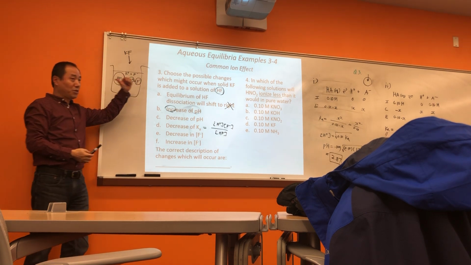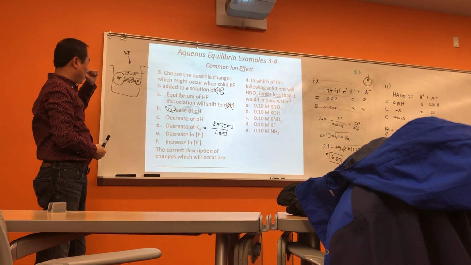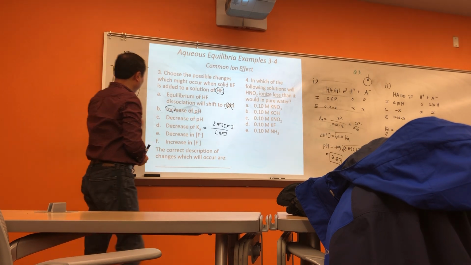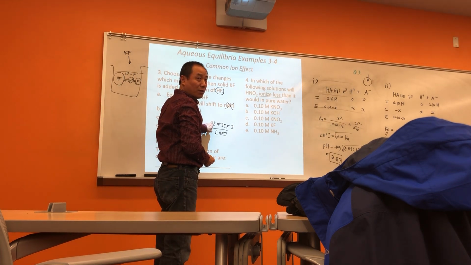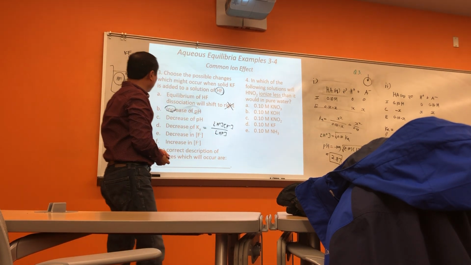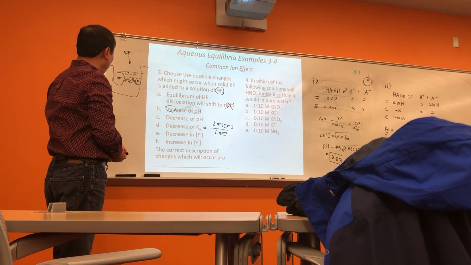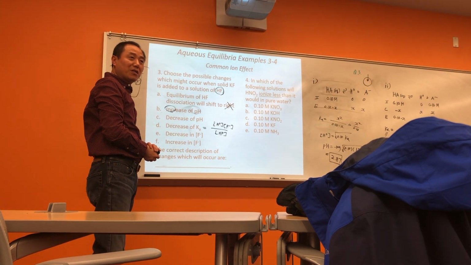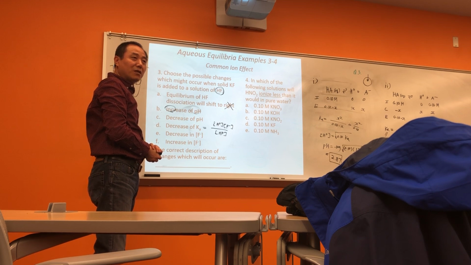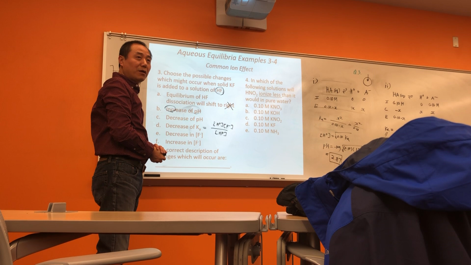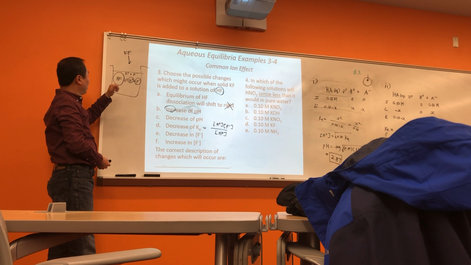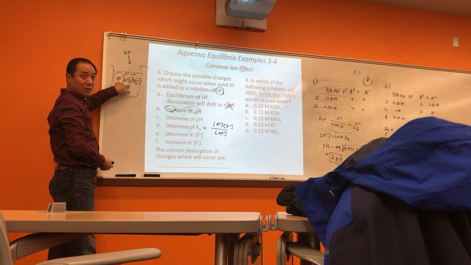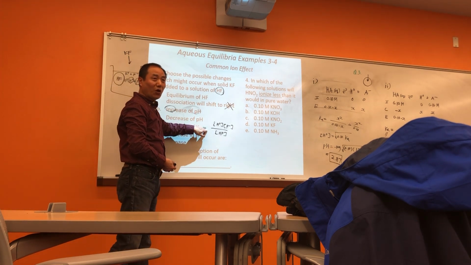So if you shift this way, that means you have more of this guy, less of that guy, right? Does it make it decrease? What do you think? So if you shift this way, it increases this guy, decreases that guy. Does it make this number smaller? Yes.